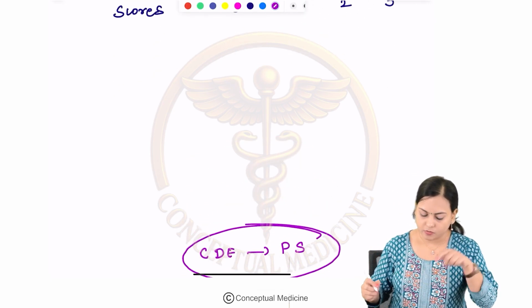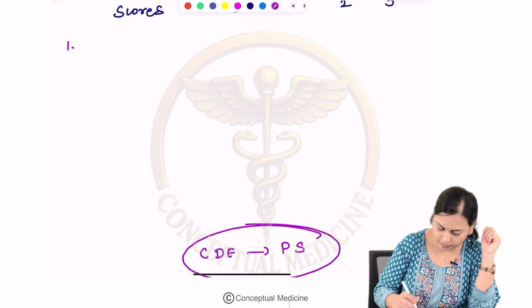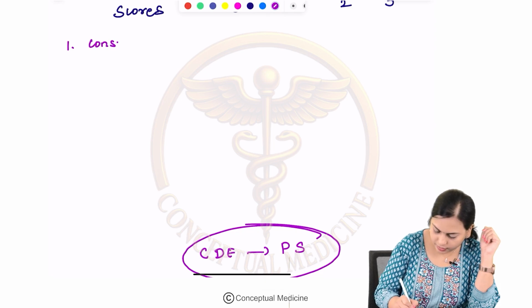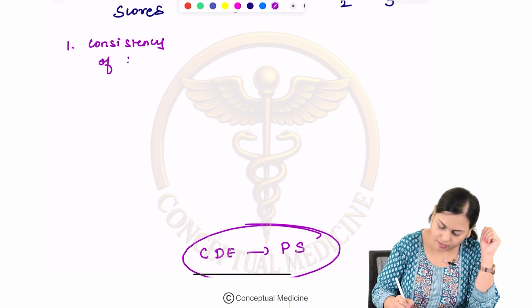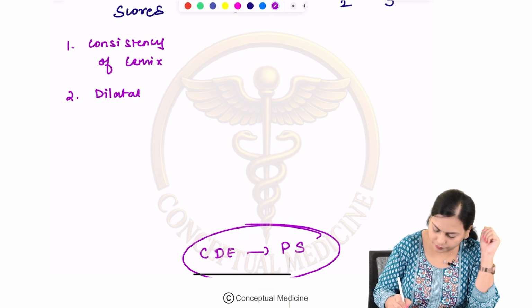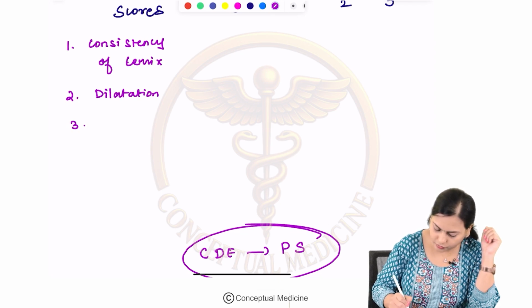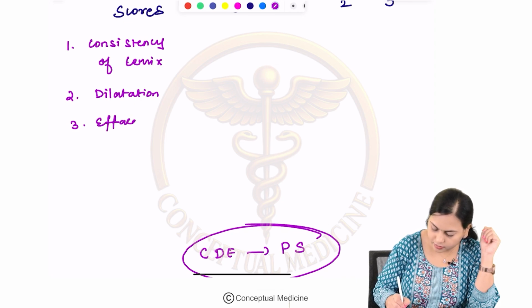Clear? Now, the first factor is C for consistency. So, consistency of the cervix. And the second factor is going to be dilatation of the cervix. Third factor is going to be cervical effacement.